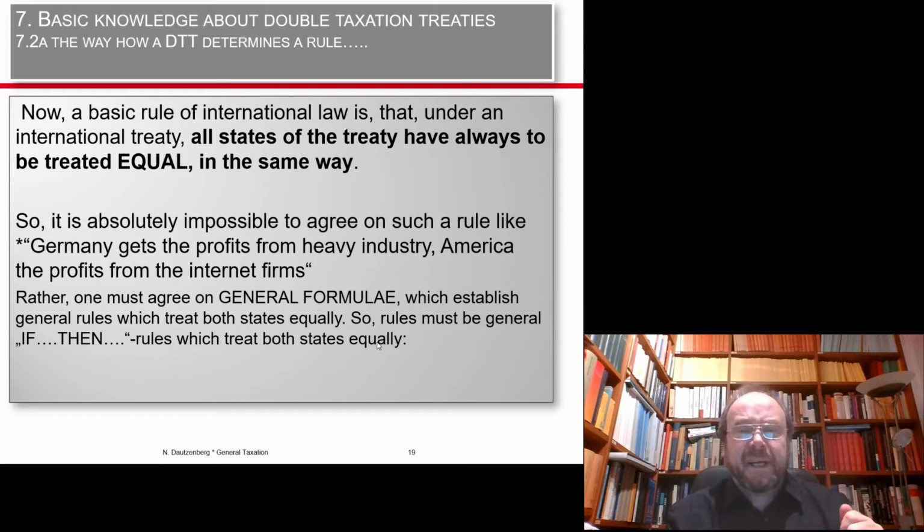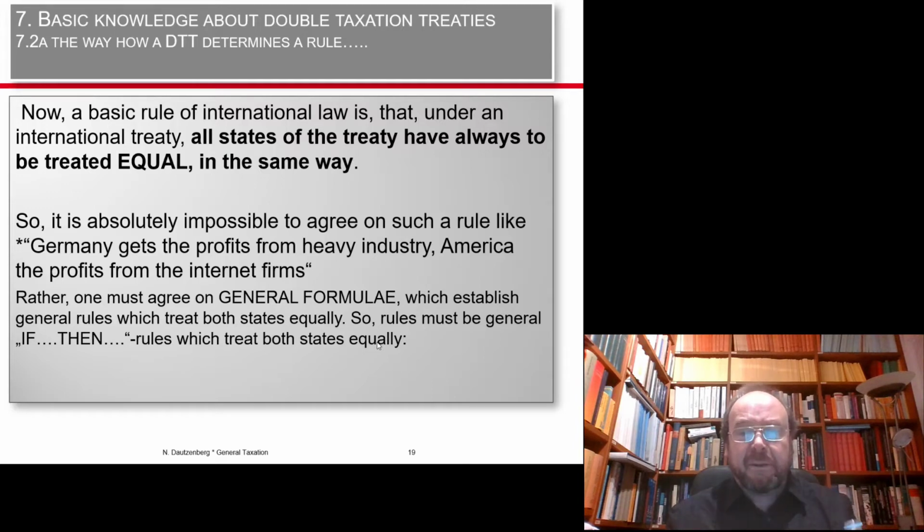There is never anything which allows that one state has more rights than another state. The predominant principle of international relations is every state has an equal value, so an equal rank.